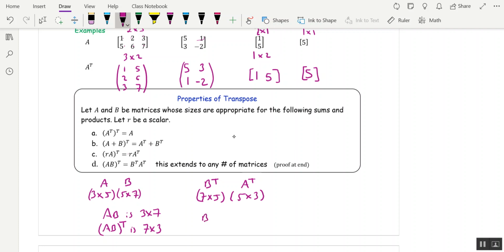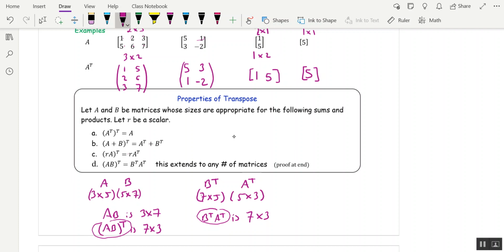And so B transpose A transpose is 7 by 3. So in fact, they're equal. B transpose A transpose is equal to AB transpose. Now, by showing that the dimensions are the same, I haven't shown they're equal, but that is a nice thing to know. Oh, well, at least the dimensions are the same.